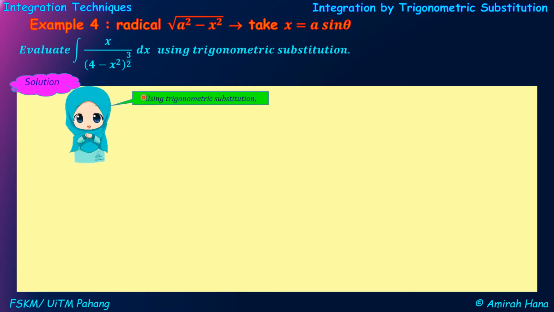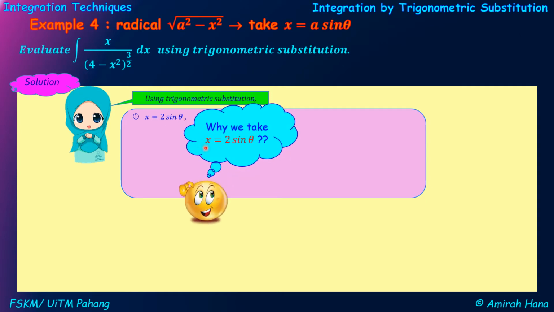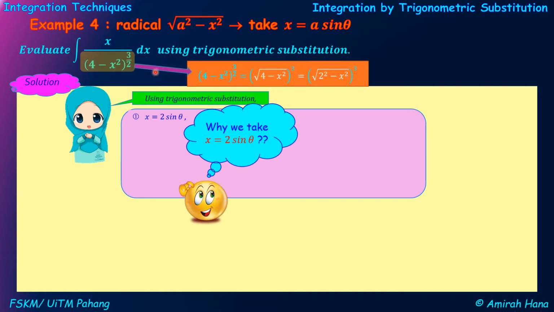Using trigonometric substitution, first step, we take x equals 2 sine theta. Why do we take x equals 2 sine theta? From here, (4 minus x squared) to the power of 3 over 2 we can write as the square root of (4 minus x squared), cubed. The constant 4 we can write as 2 squared, minus x squared, square root, and then cubed.